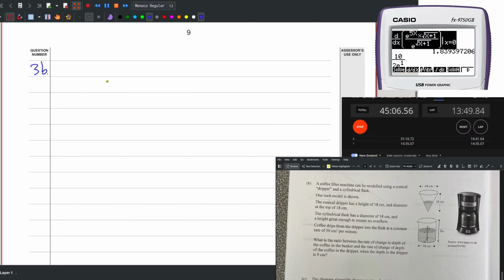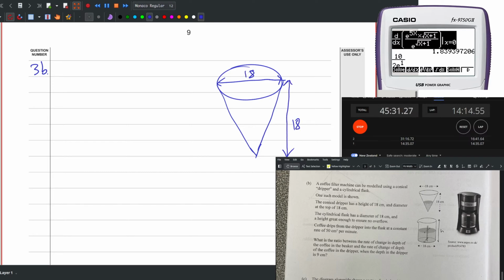This is so confusing. So are they just asking, okay, so this is like 18, right? And this is like 18. So if the height of the dripper is H, then this radius will be H on 2.